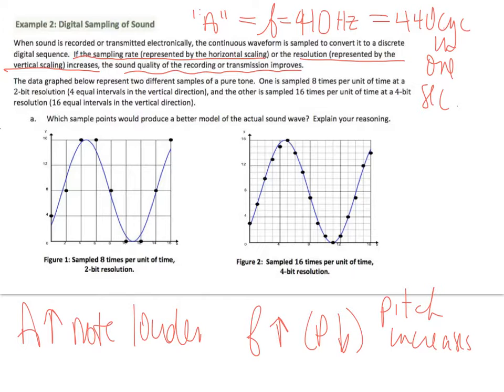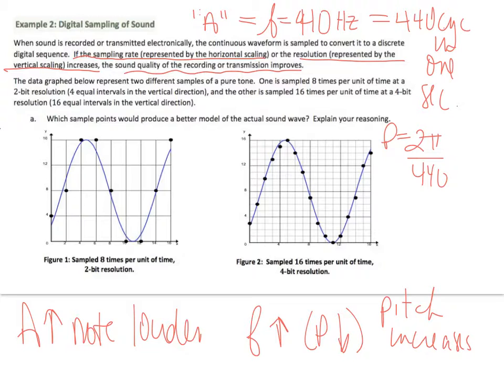Yikes. This function would have a period of 2 pi over 440. If the sampling rate increases, the sound quality improves. Cool?